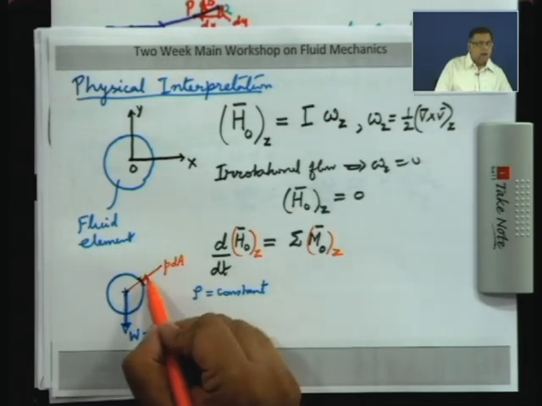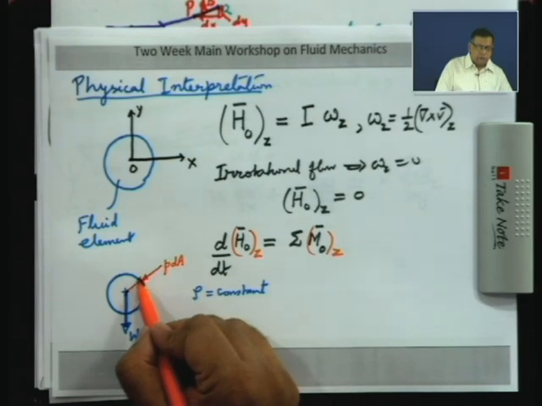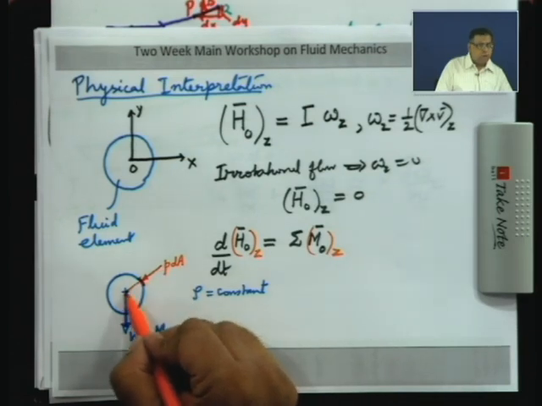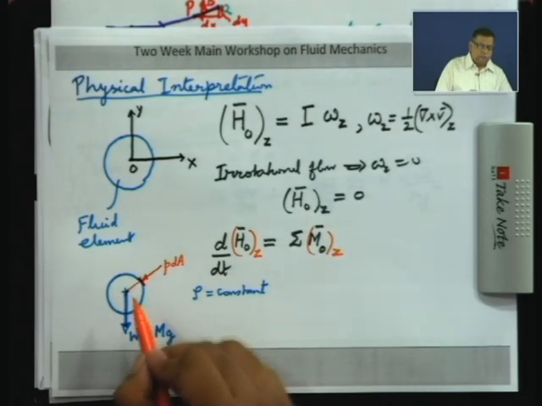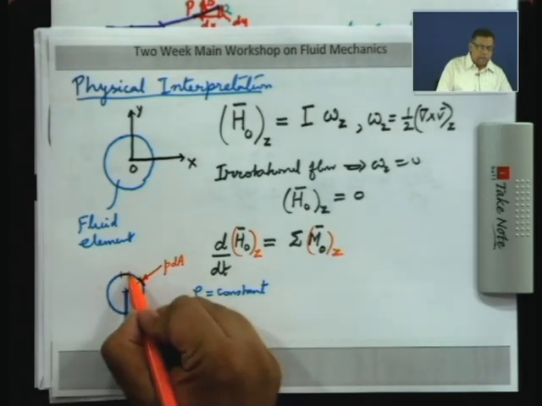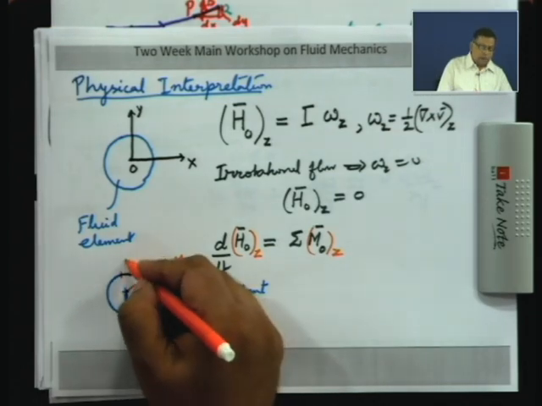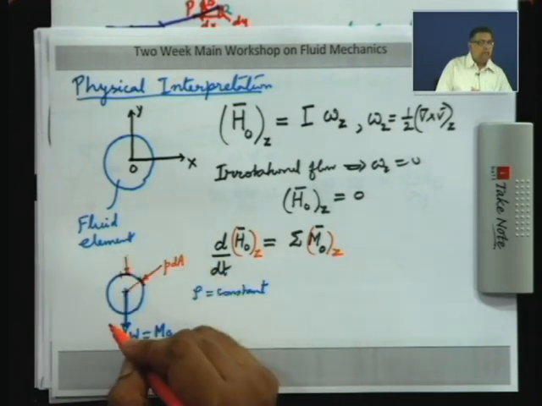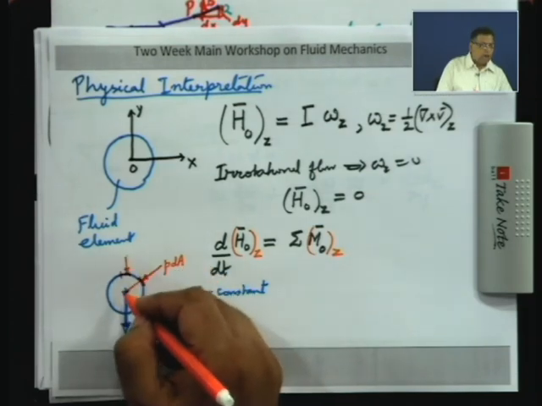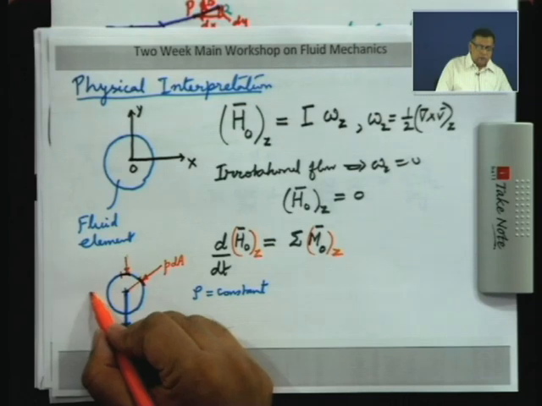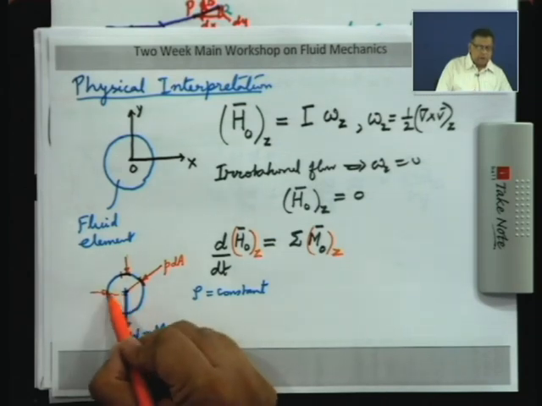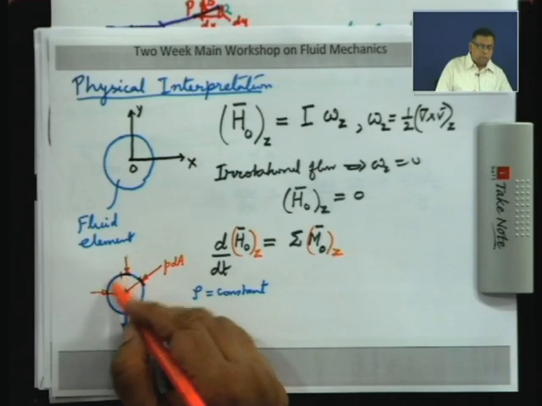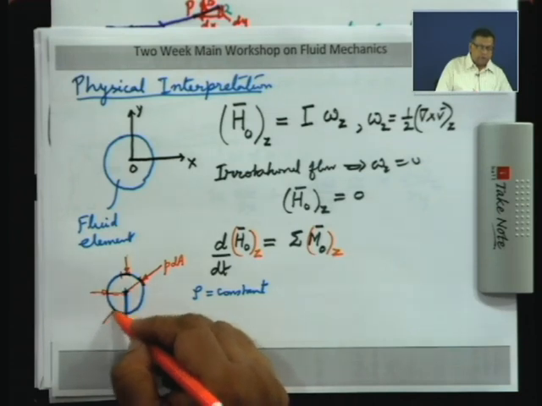Now, the moment exerted by this infinitesimal force about O is also 0, because this line is passing through O. Similarly, I can take any other area element and we will see that the force due to the normal stress is going to pass through the centroid. So, the normal stresses, even if you consider viscous normal stress, if it is there, will not exert any moment about the center.